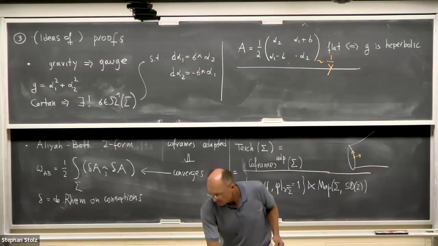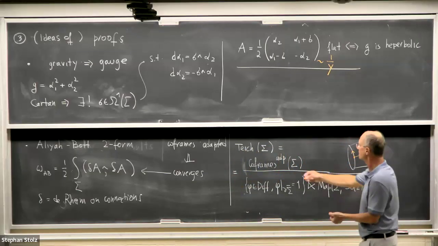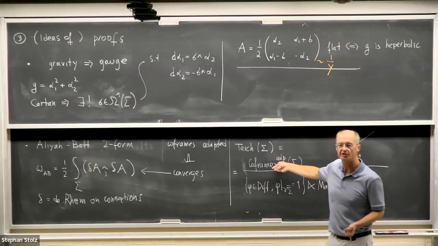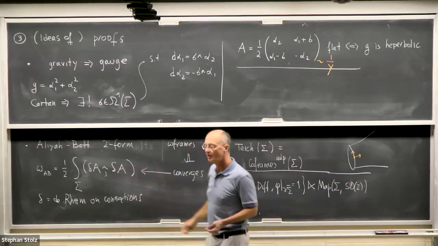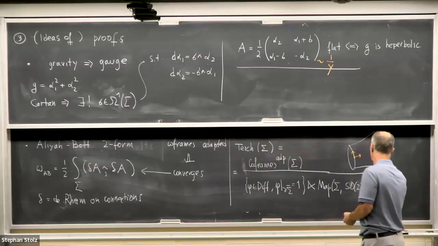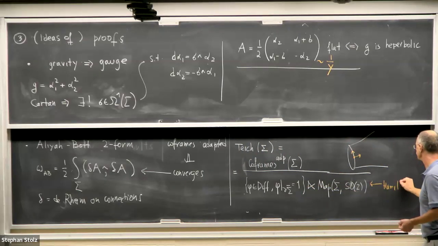Okay, so now maybe one can say we now have a two form, right, on that space of coframes, and it turns out that the action of all that group is Hamiltonian.